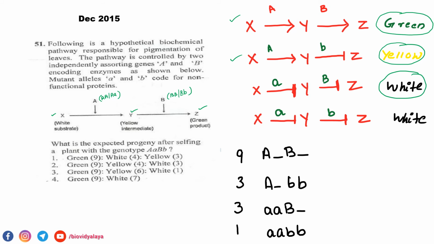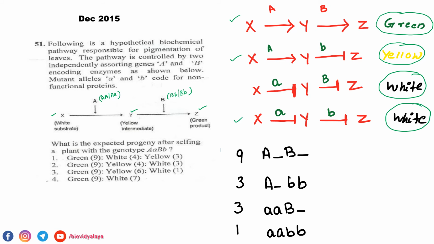If both dominant forms of A and B are absent, then the white color substrate will not convert to any other color. So the leaf color will become white.